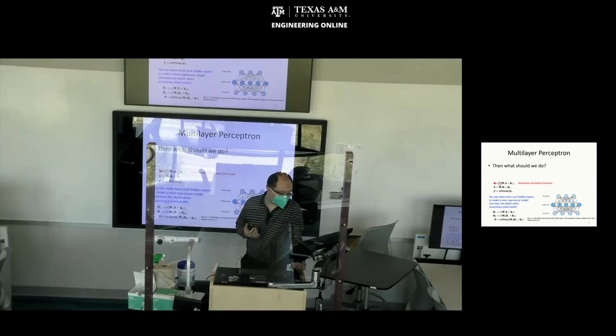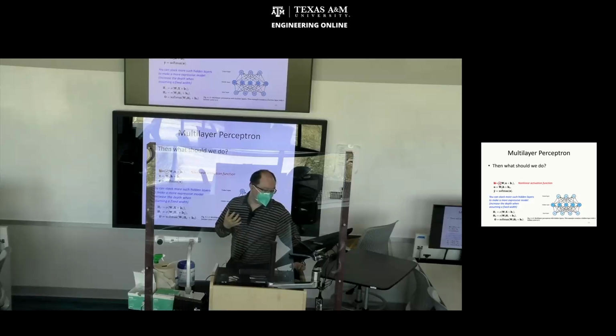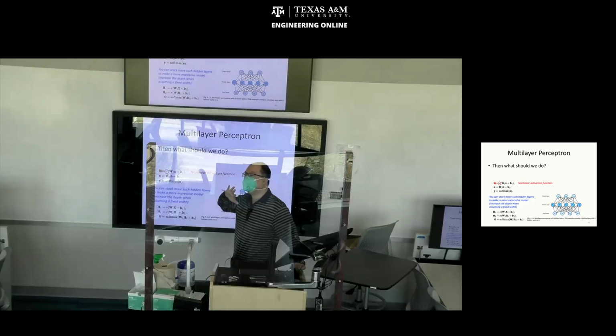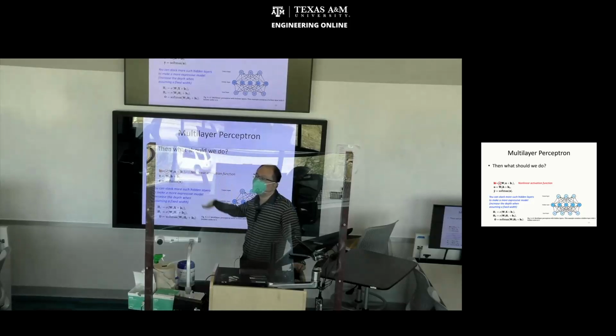If you assume a fixed width, the number of neurons, and then increase the depth, then you can mathematically prove that the power of the model is growing in some way. It's very easy to understand. What we have here is actually a lot of piecewise linear facets used to approximate a nonlinear manifold. You see what I mean?